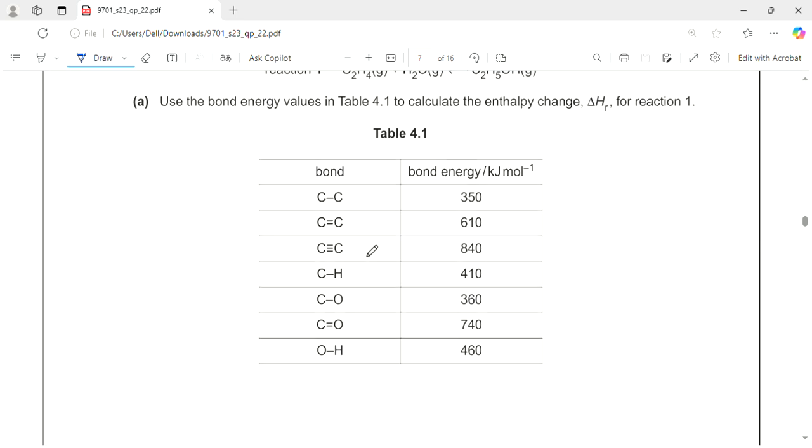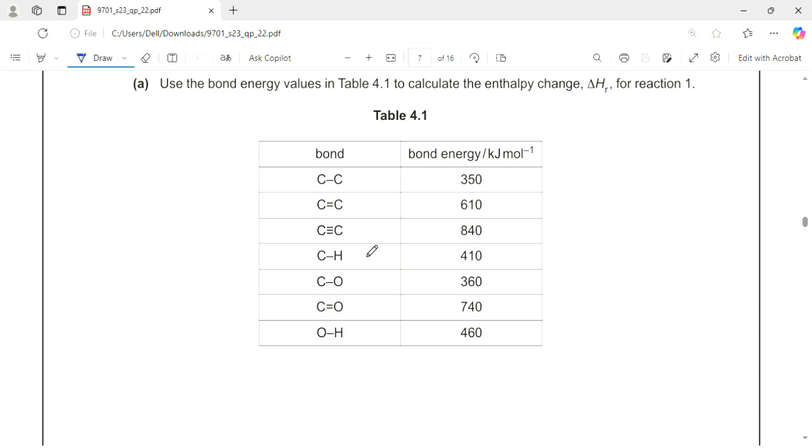I think we have two OH bonds, four CH bonds, and one carbon-carbon double bond.